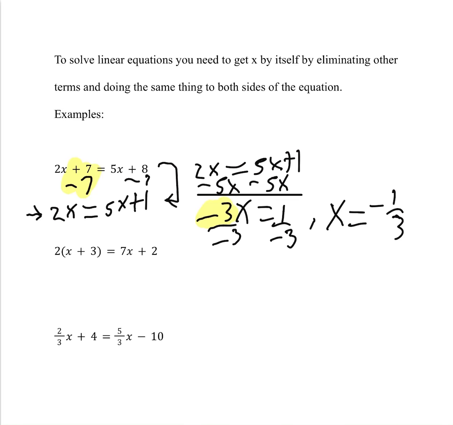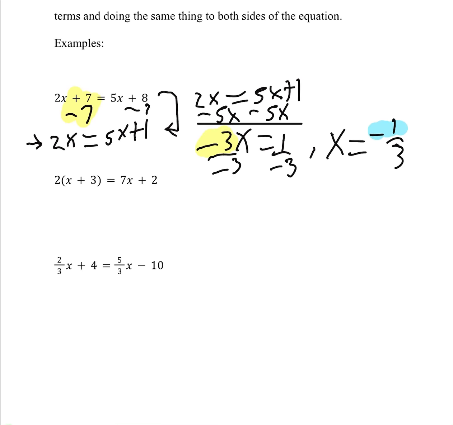And usually we like to write the negative on the top. We really don't write x equals 1 over negative 3. So you always write the negative on the top. They are still equivalent, but that's just by tradition, I guess, that you put the negative on the top.